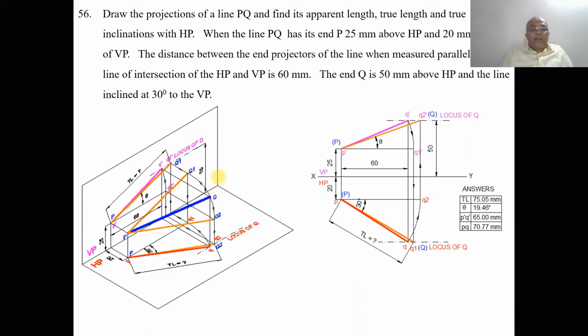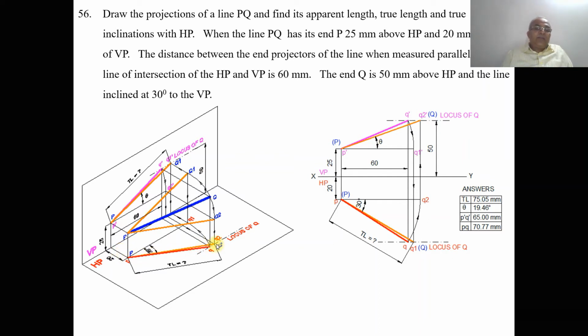Similarly, with P as center, taking the radius of PQ, you draw an arc such that both capital P and capital Q2 are above HP by 25 mm. Then you get the true length, P and Q2. Obviously the small PQ2 is the line in true length, because it is parallel to HP. Since it is parallel to HP, you are getting the true length in HP.